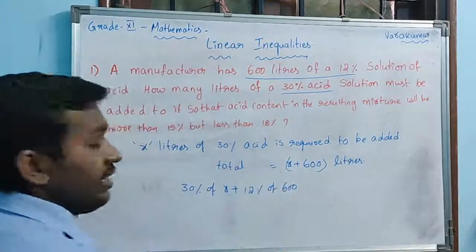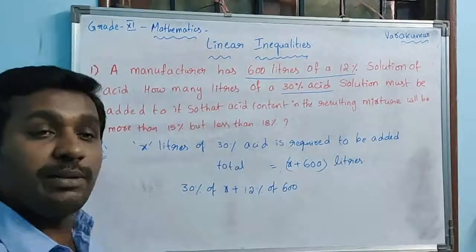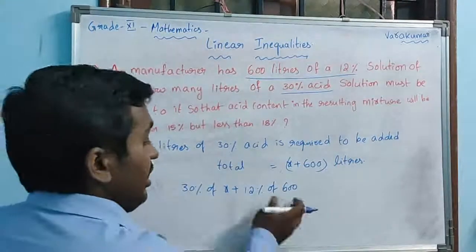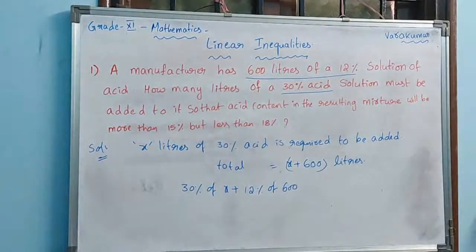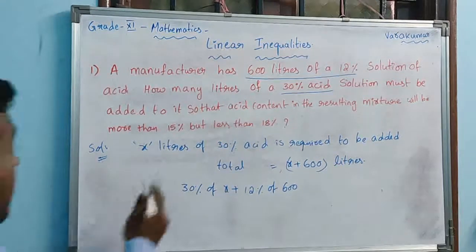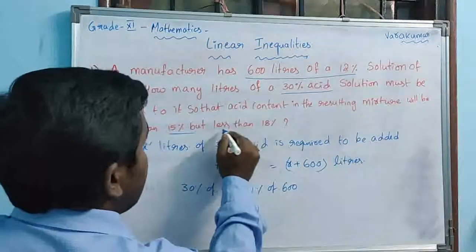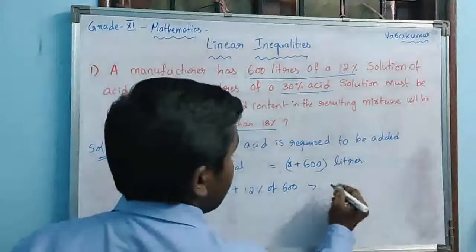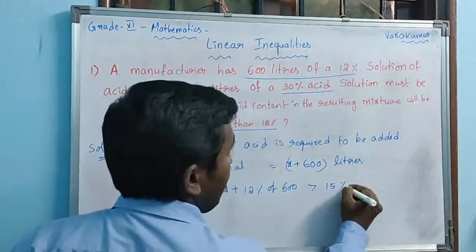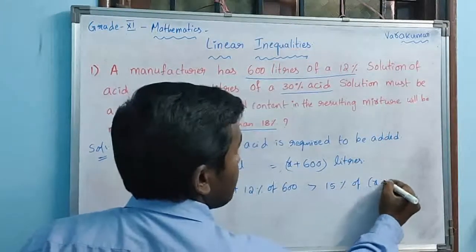When you add these, the relation is that it is more than 15% but less than 18%. So more than 15% in the sense greater than 15% of X plus 600.